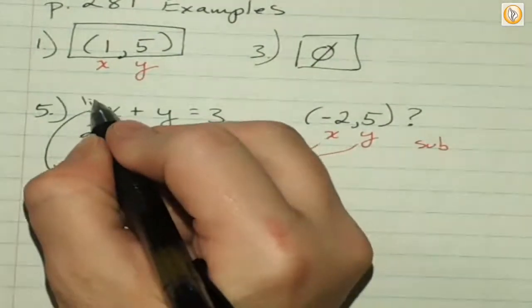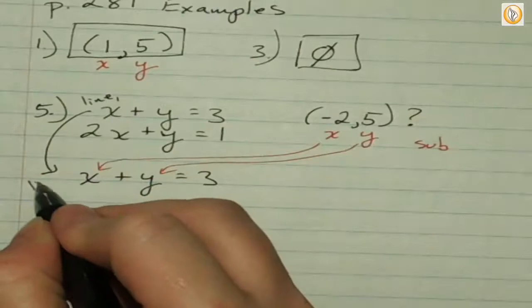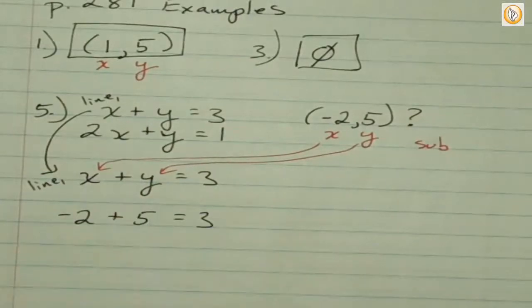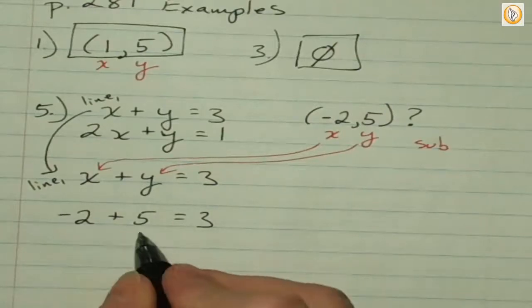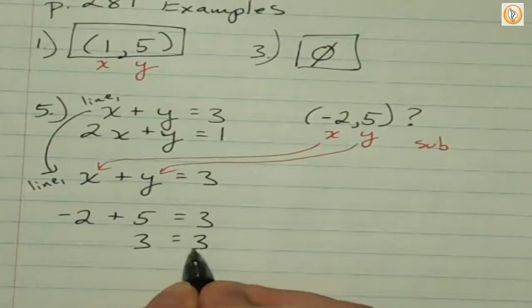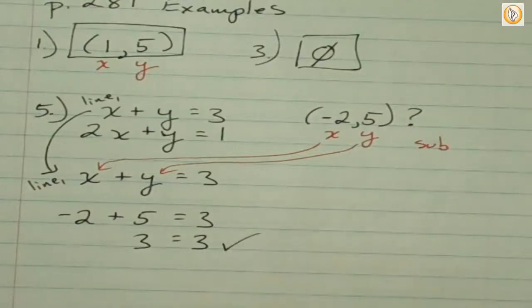Remember, this is line 1. So then, negative 2 plus 5, does that equal 3? Yes, sir. That's right. So negative 2 plus 5 is 3. 3 equals 3, so check. It works.